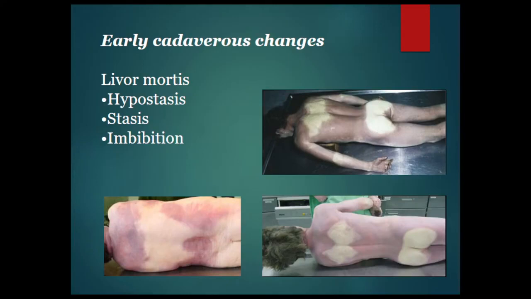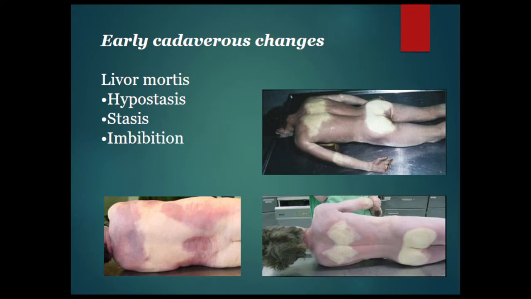If the body is lying supine on its back, the blood will accumulate at the lowest position, at the back and the buttocks. By the way, here you can see that the scapular region and the region of the buttocks have no lividity. That's because these areas were compressed and the body was lying on a flat surface.